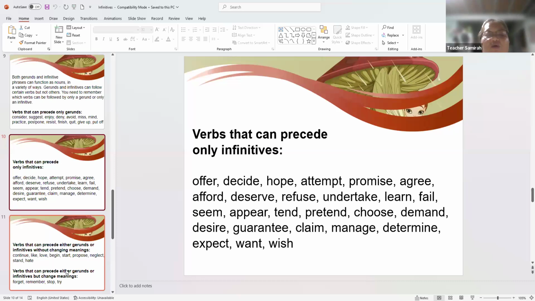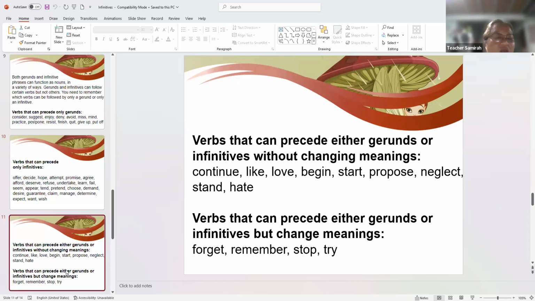So many verbs can precede only infinitives.